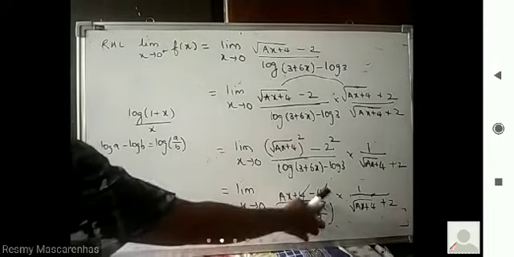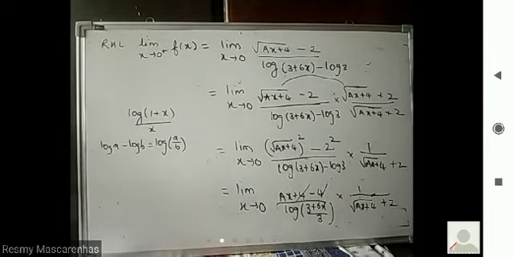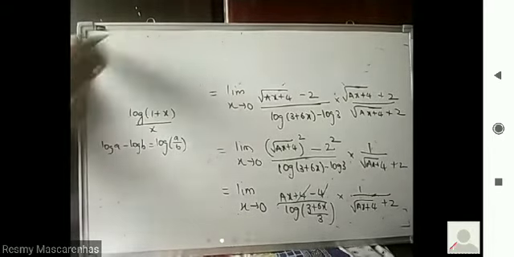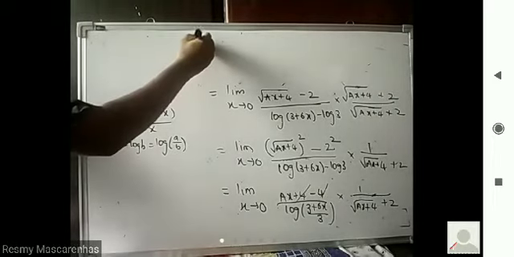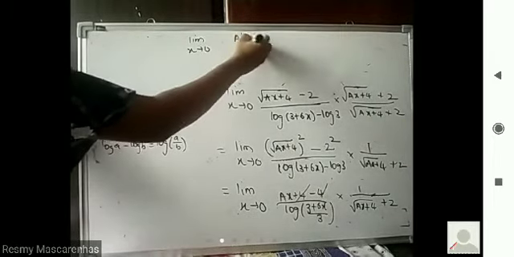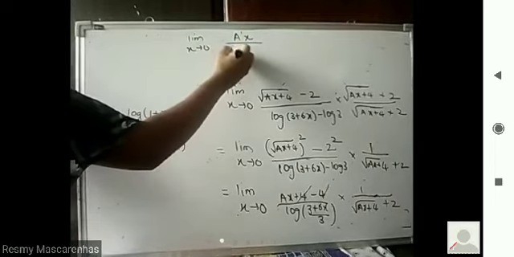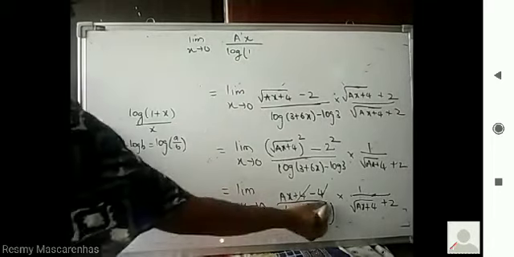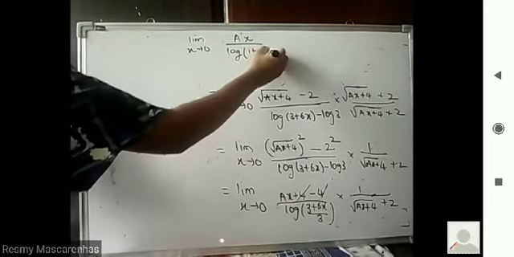So 3 upon 3 will be 1. So distribute. So limit x tending to 0, numerator will be ax upon log of 3 upon 3 is 1. Same way 6x upon 3, so I will get 2x.